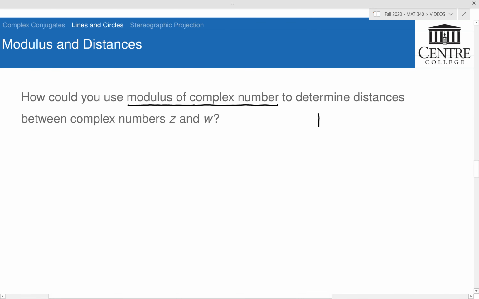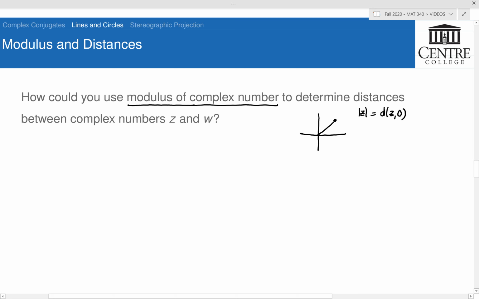Remember, if I give you any complex number z, the modulus of z, as we talked about in our class, gives us the distance between z and the origin.